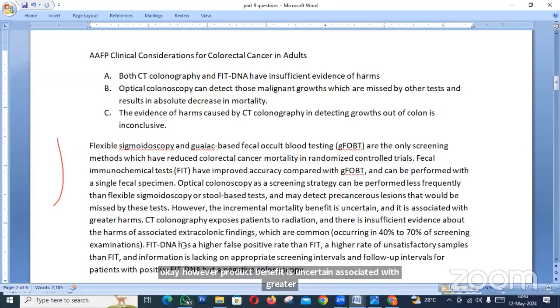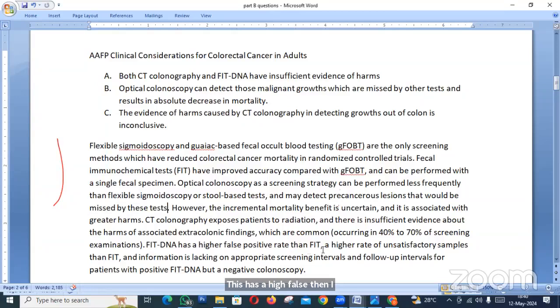Just one minute. I think, sir, for C, FIT DNA is more appropriate. FIT DNA has a higher false positive rate than FIT, and a high rate of unsatisfactory samples than FIT. Now they're talking about these things.